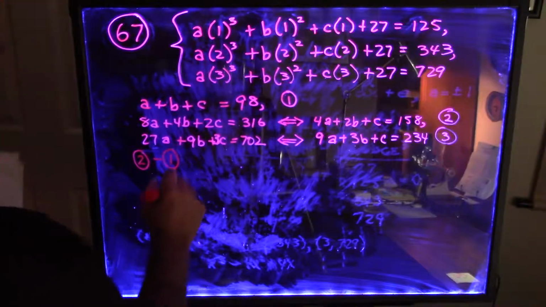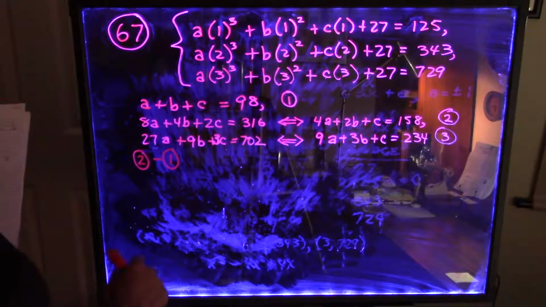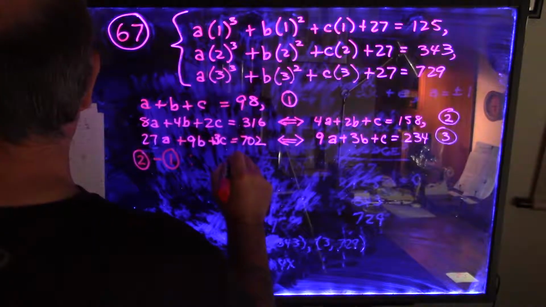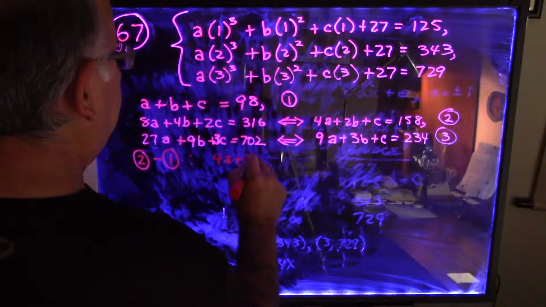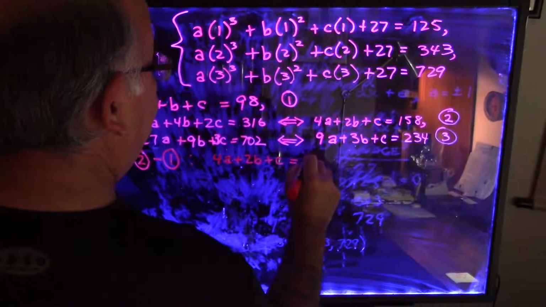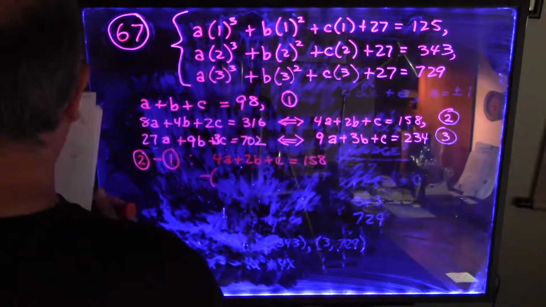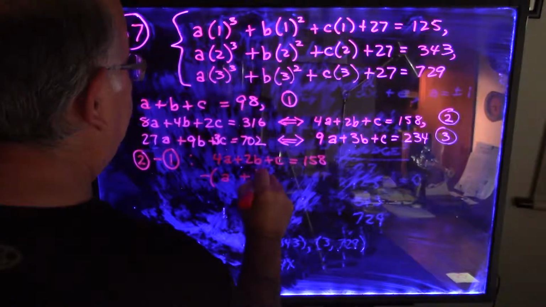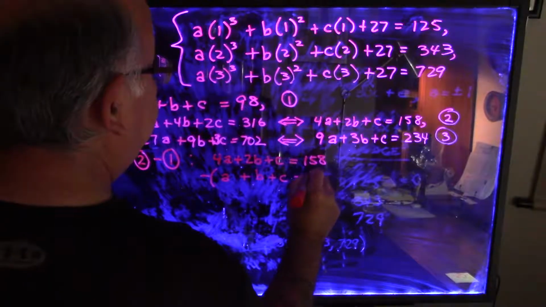So that's equation 2 minus equation 1. Let's write equation 2: 4a plus 2b plus c equals 158. And from it I'm subtracting equation 1: a plus b plus c equals 98.